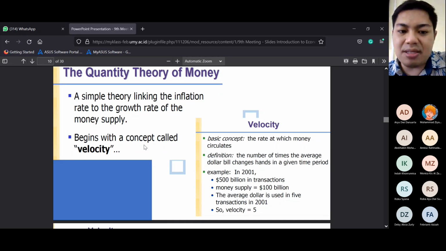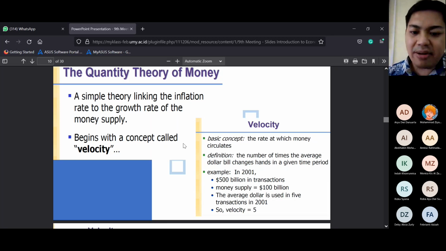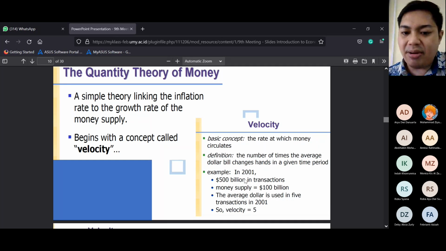Because of the concept of velocity. Velocity is the extent to which money is circulated among citizens or among sectors in the economy. For example, in 2001 you have a money supply of 100, and the average dollar is used in 5 transactions. So velocity is 5.